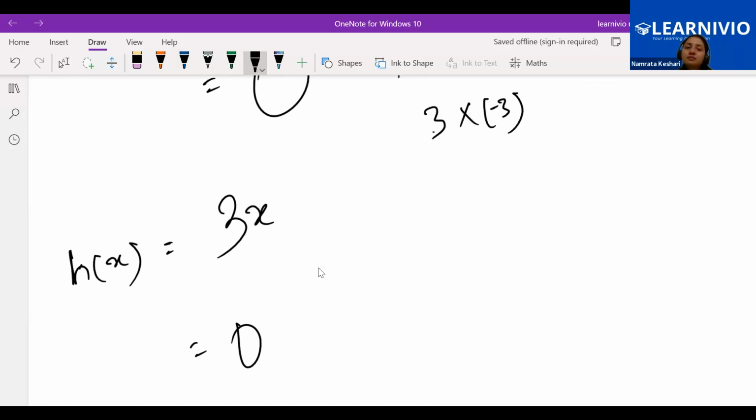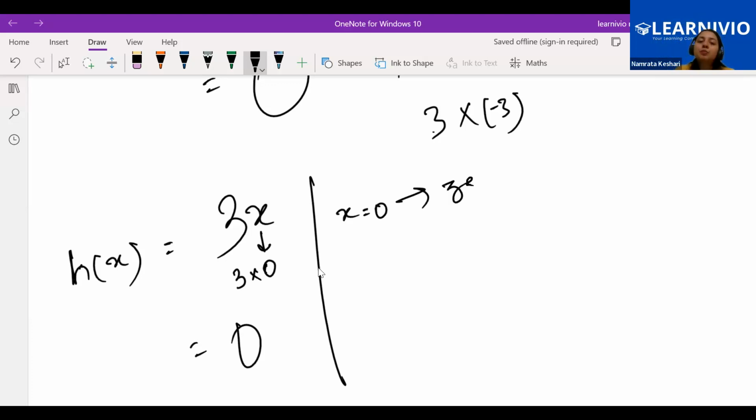Oh, I don't know. If we are having just one and only one number which is going to get multiplied here, and the result will be 0, that value is 0. If you multiply 0 with any number, then only the result will be 0. Otherwise, the result will never ever be 0. So what is the zero of this polynomial? Yeah, for this case, x equals to 0 is the zero of the polynomial.